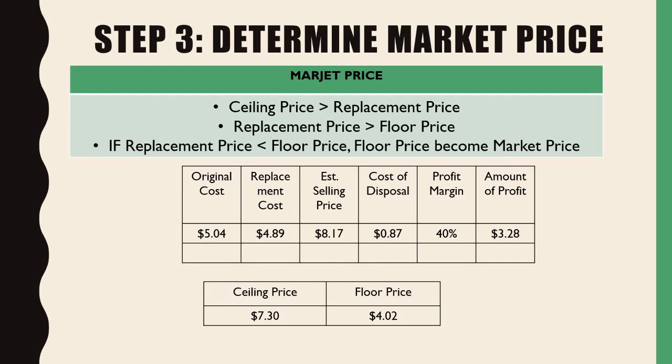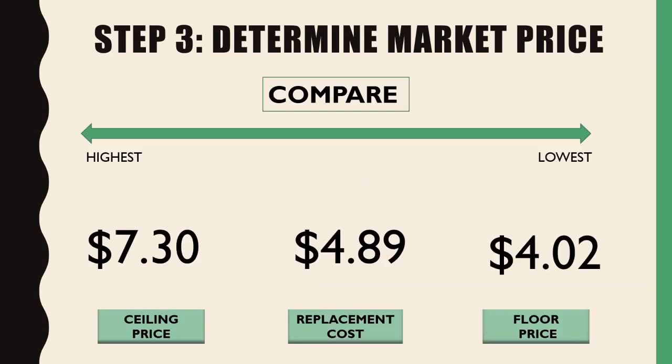So step 3, we're going to take 3 numbers: the ceiling price of $7.30 and the floor price of $4.02, the 2 numbers that we just calculated, and we're going to grab our replacement cost, which is $4.89. We're going to take these 3 numbers and put them on a number line in order of numerical value, whether you do highest to lowest or lowest to highest.